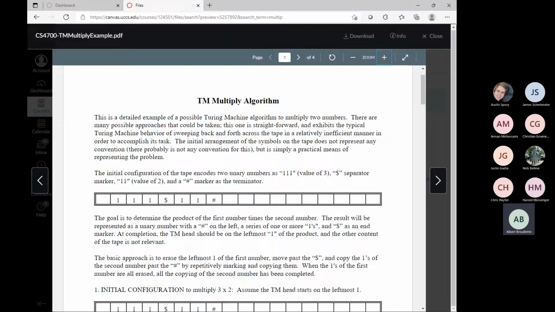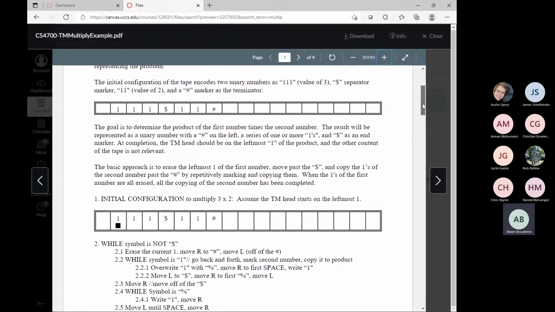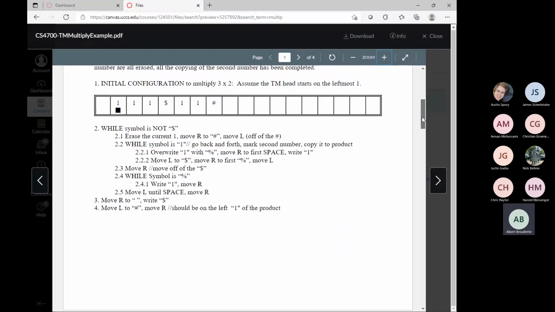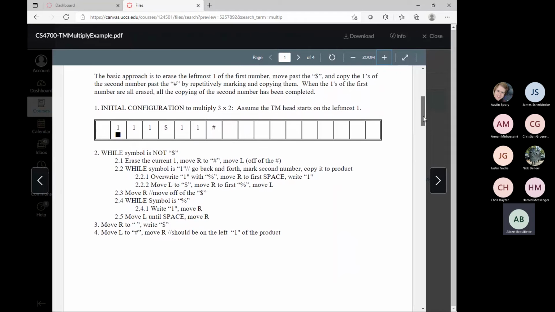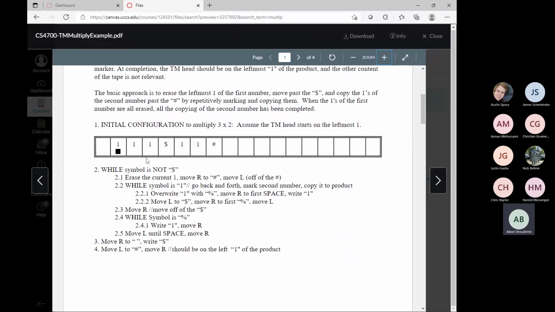Let's just look through. Here's the kind of format of what the algorithm looks like. And here's the initial configuration.